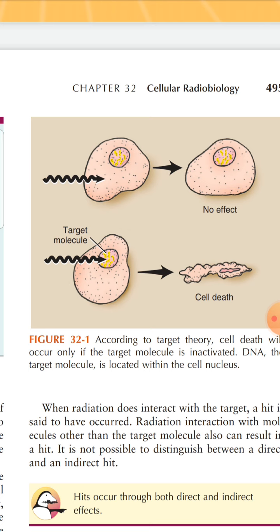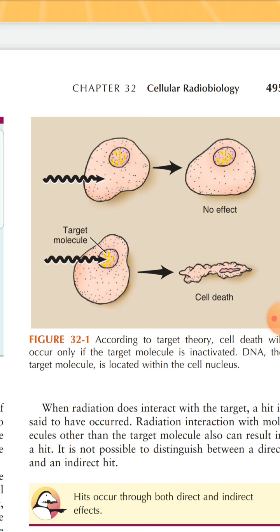Before we talk about the hits, we will discuss the target area as well. You already know that the target area is considered to be an area of the cell that is occupied by the target molecule or by a sensitive site on the target molecule.